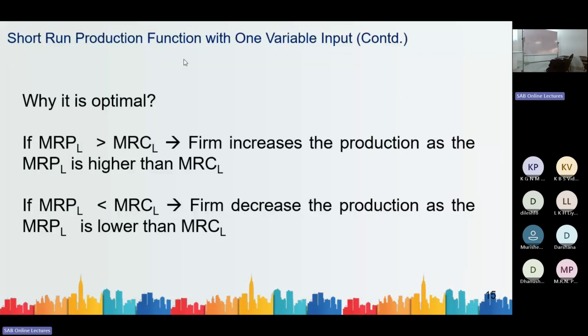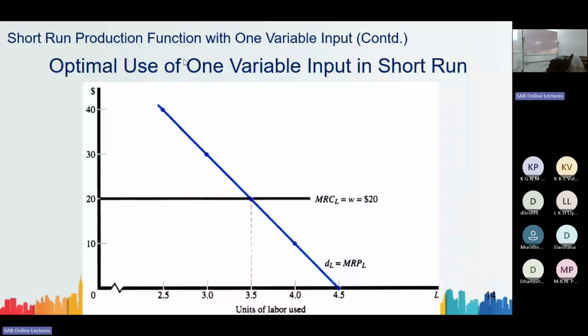No. We just graphically showed how the optimal use of one variable input is used in the short run. I think I explained this one. Can you remember? Short run production. So we have something left to discuss in short run production theory.